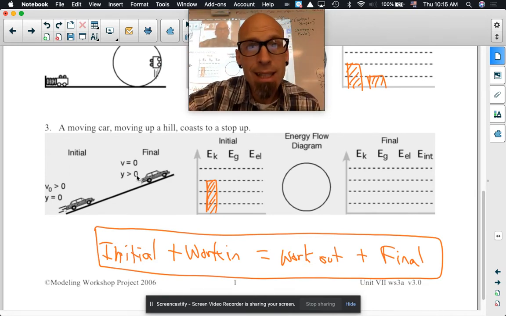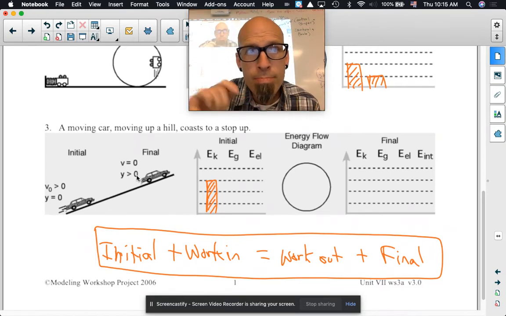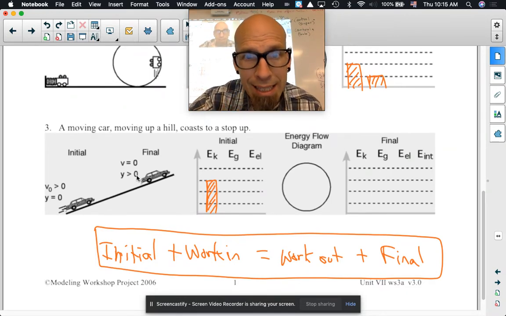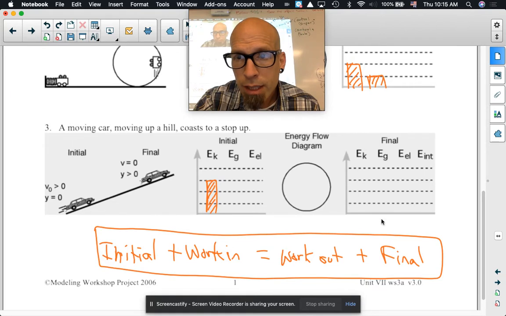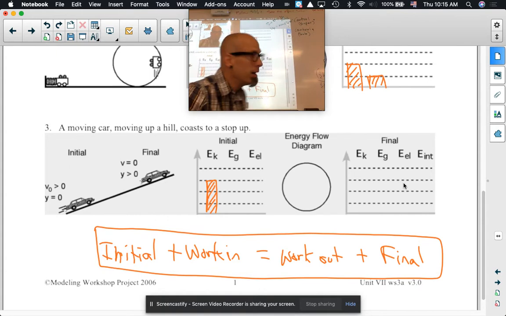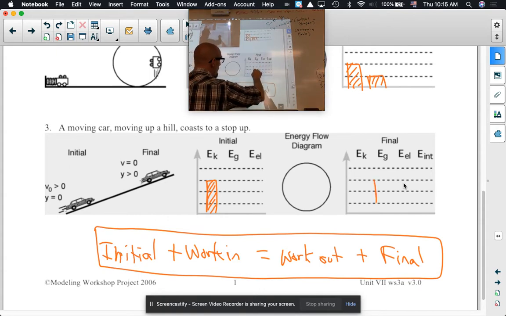By the time it gets to the top of the hill, it's not moving anymore, so we don't have kinetic. We do have height, so we have gravitational. There's still no elastic involved. So I would say 3 blocks of gravitational.